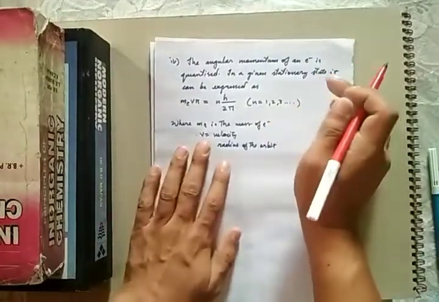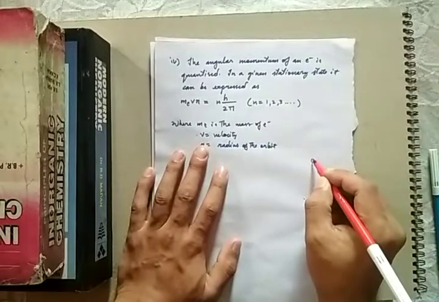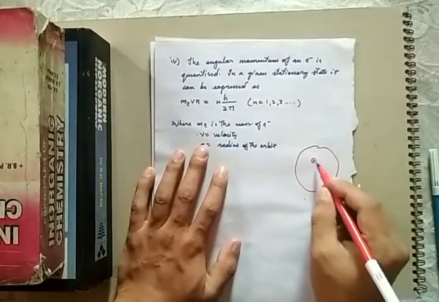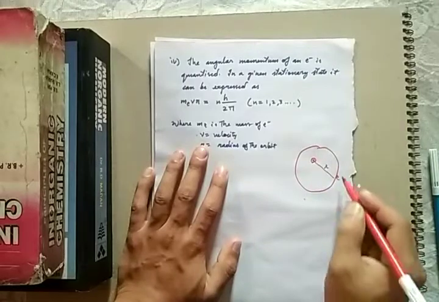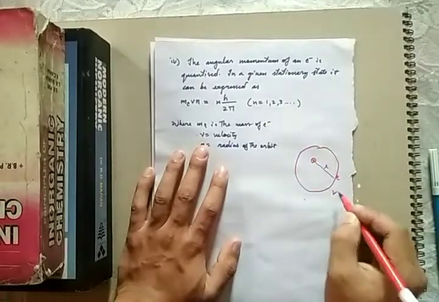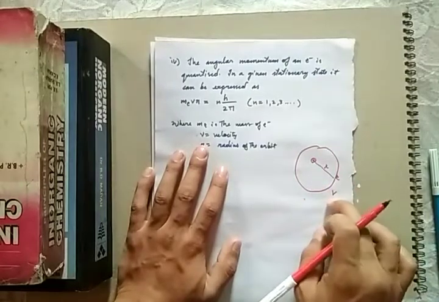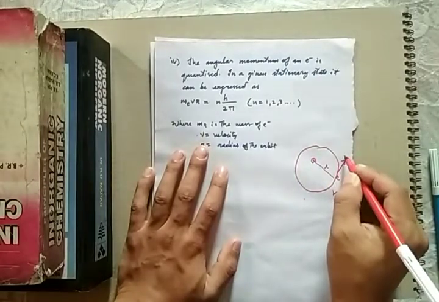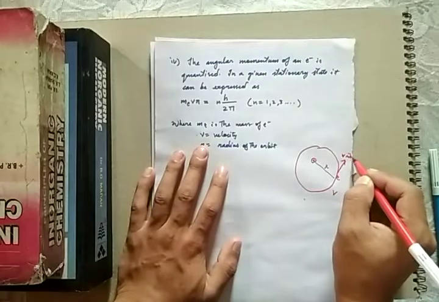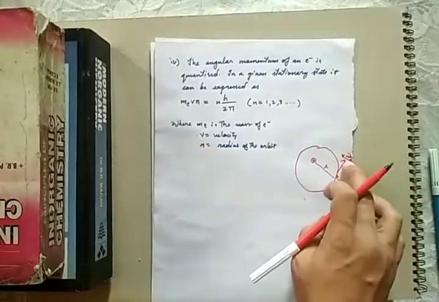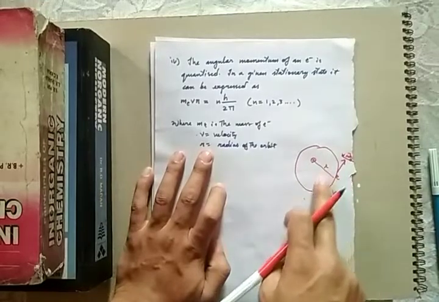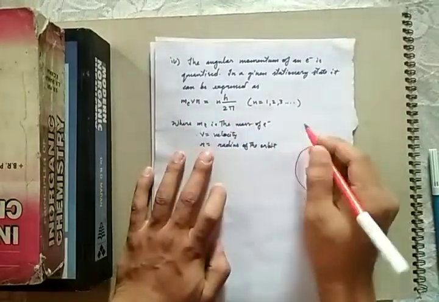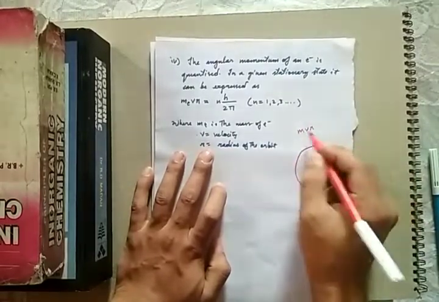The angular momentum of the electron is quantized. The distance between the nucleus and the electron is given by r, the radius, and the electron is revolving around the nucleus with velocity v, along the tangent, which is given by a vector. So the angular momentum of an electron moving around the nucleus with radius r and velocity v is given by mvr, where m is mass, v is velocity, r is radius.